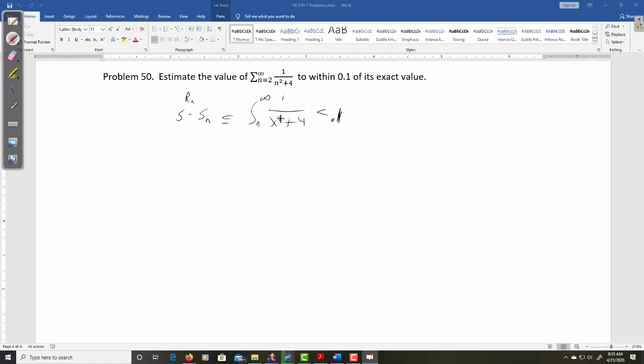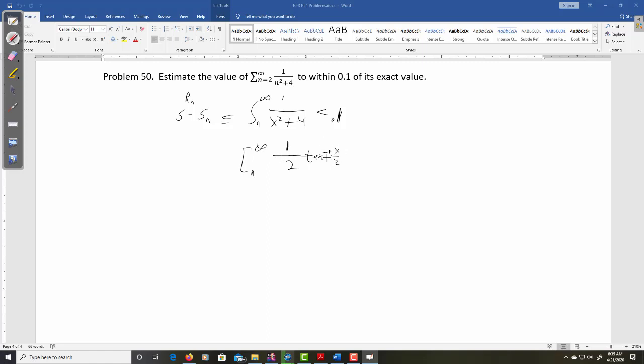So we do our integration. It's 1/2 inverse tangent of x over 2, if you look up the formula for 1 over x squared plus a squared. So this is going to be from n to infinity of 1/2 inverse tangent of x over 2.